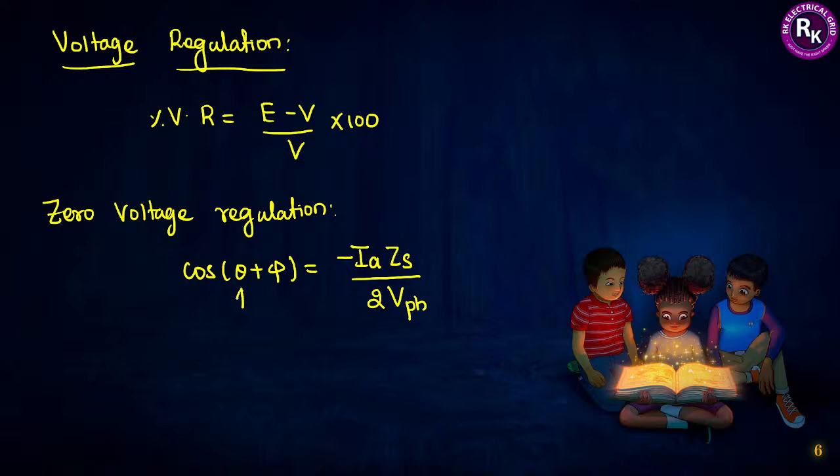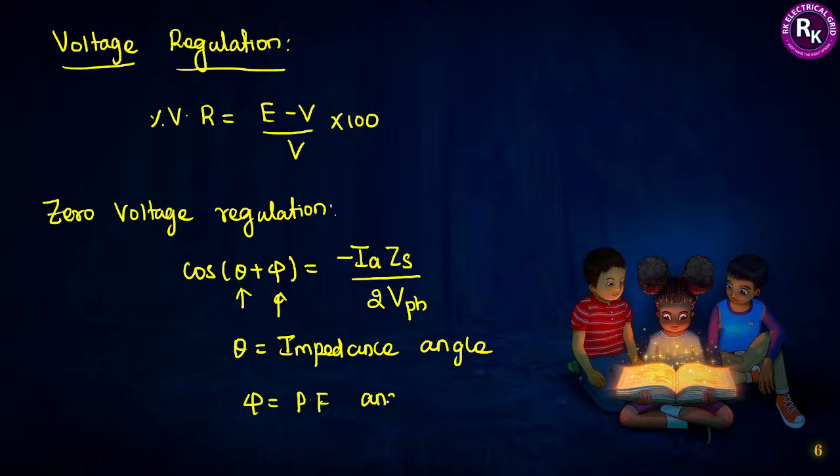Now what about this theta and this phi? Let us talk about theta and phi. Theta is simply the impedance angle, whereas phi is the power factor angle.